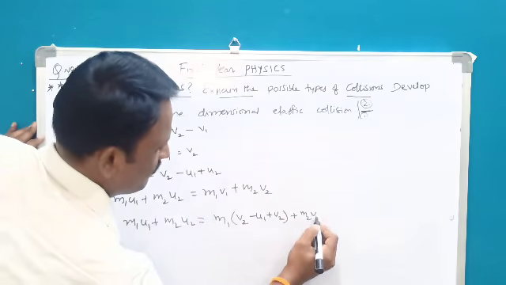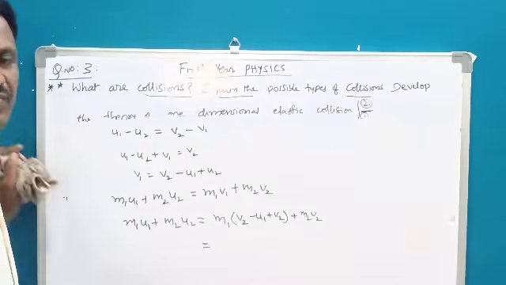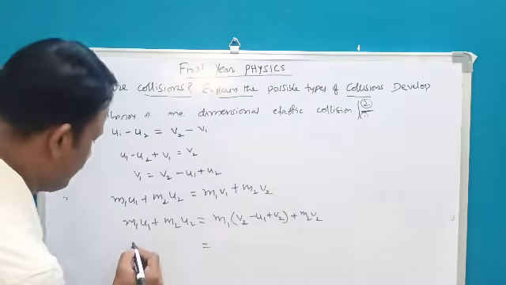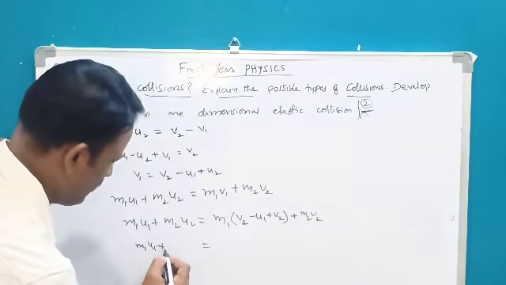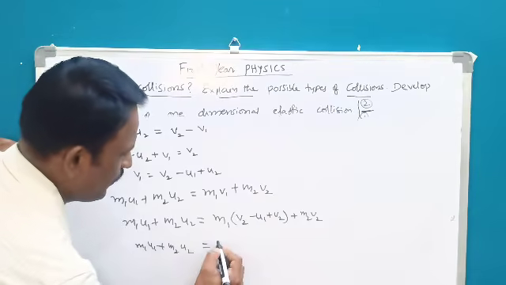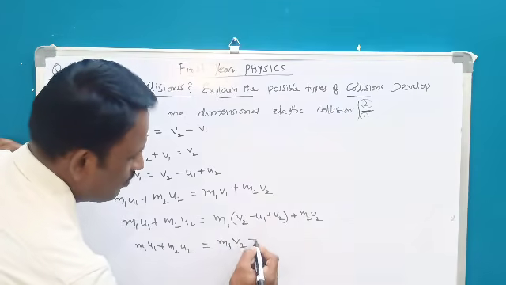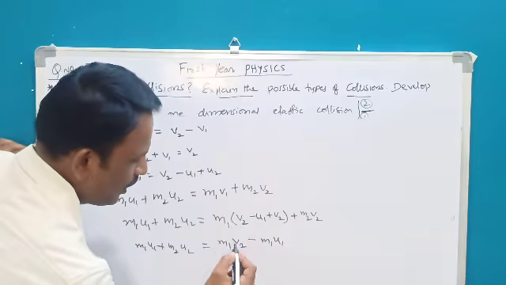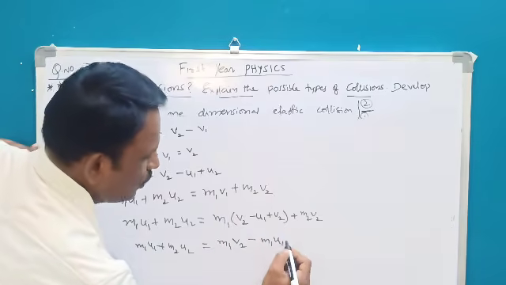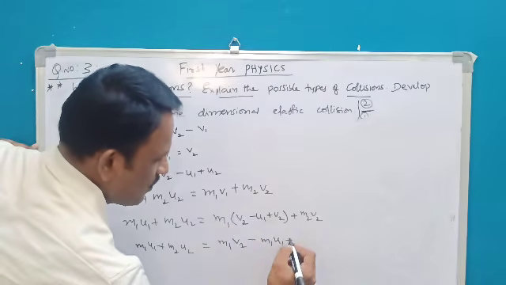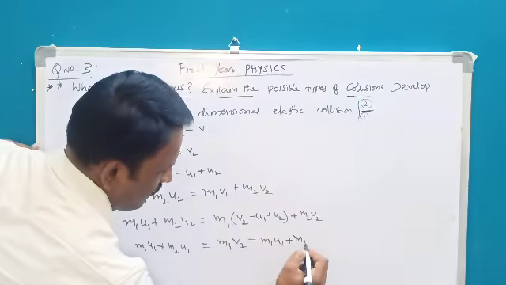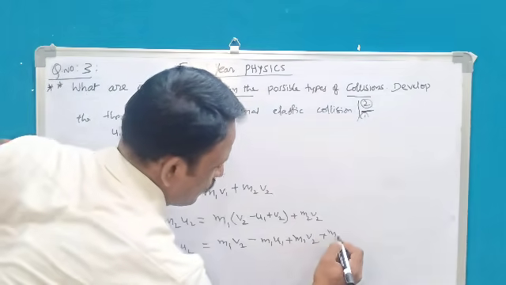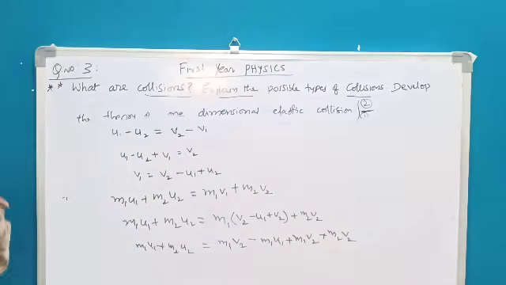Plus m2. I think you know right now. You just expand it. That's enough. m1 u1 plus m2 u2, m1 v2 minus m1 u1. See, I am multiplying m1 into v2, m1 into u1, plus into plus, plus m1 v2 plus m2 v2.